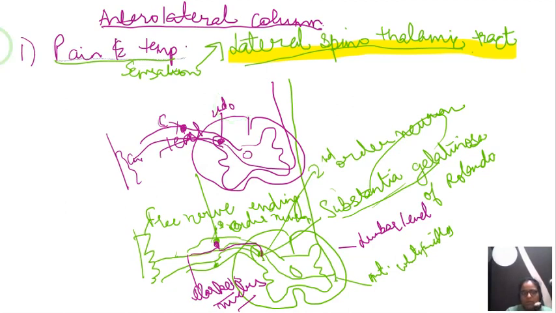I asked you this question: in the dorsal column, the fibers which are adding on the upper side, from the upper limb or upper torso, are adding laterally, the fibers of cuneatus, if you remember. But here, the fibers at the cervical region or from the upper torso are adding medially.